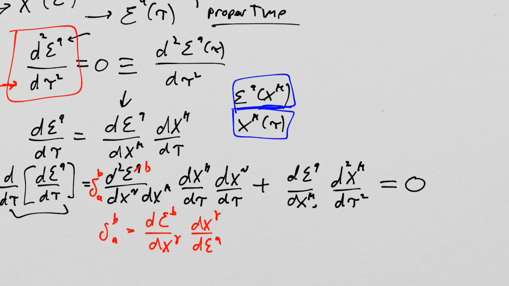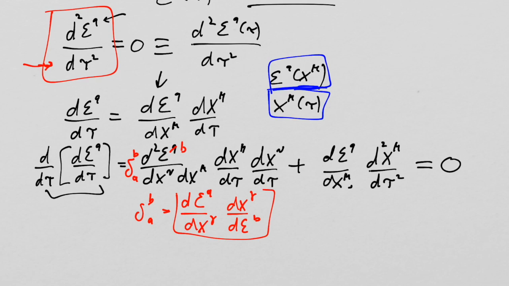I want it the other way. I want this b and this a switched. So I want that a up there and that b down there. And then if I make this substitution here, right, I put that right up front, then you'll notice I have dε_a/dx^μ and dε_a/dx^γ, but here this is a dummy index, right?